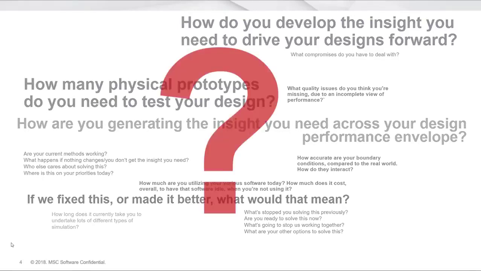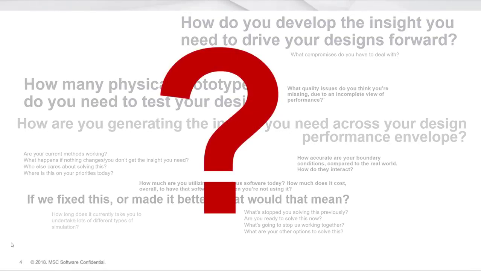So we typically ask these sorts of questions when we get engaged with customers right up front so that we can start to understand what different design performance criteria and characteristics are important for any particular design, and specifically what that would mean moving forward.